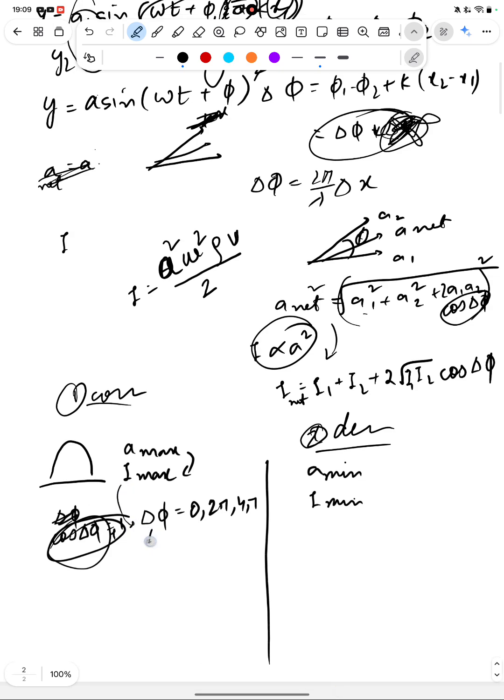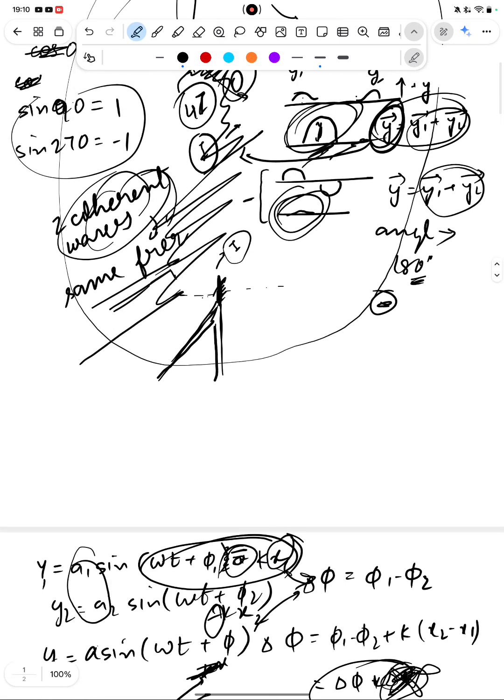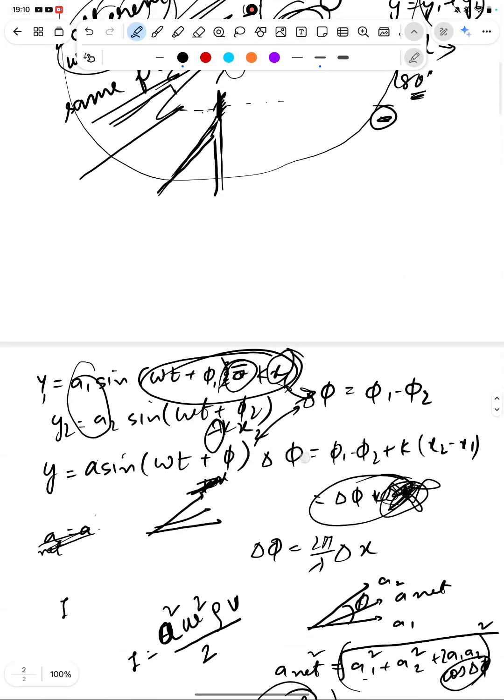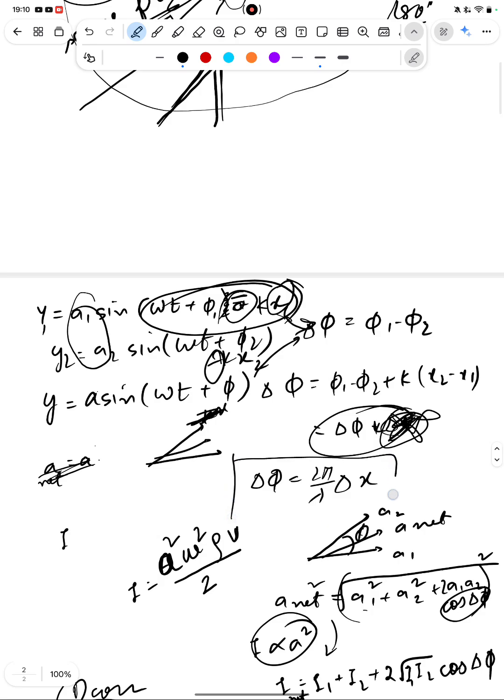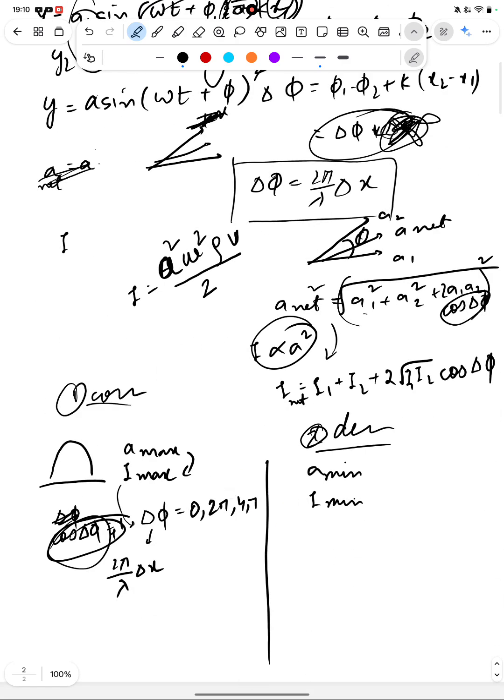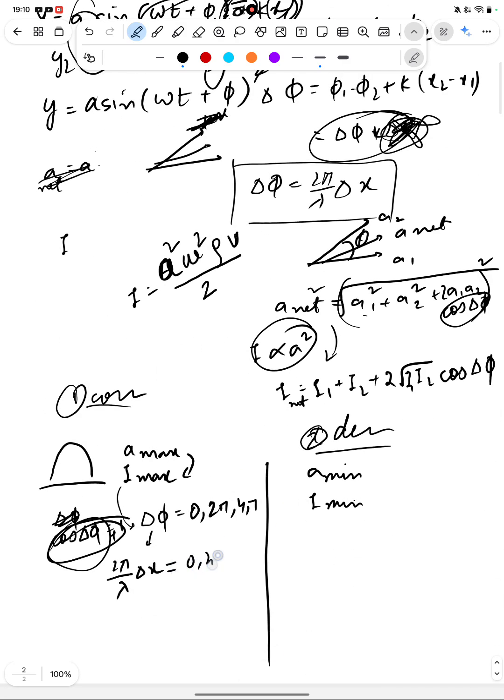Now let's come to path difference. The formula is 2 pi by lambda into delta x. I think I have written it before. Yes, so this equals 0, 2 pi, 4 pi.